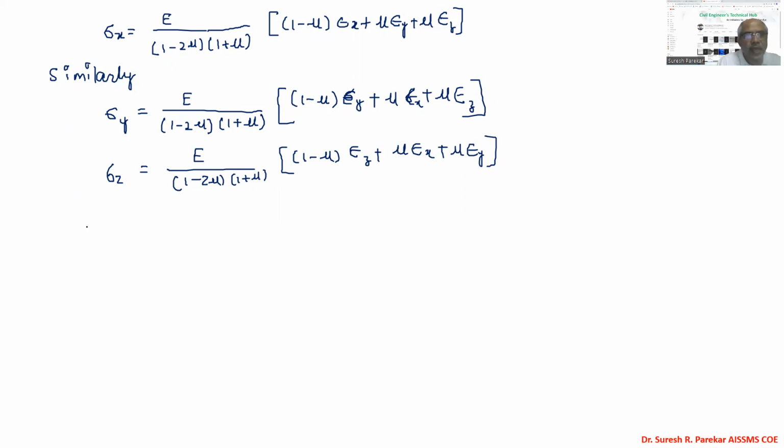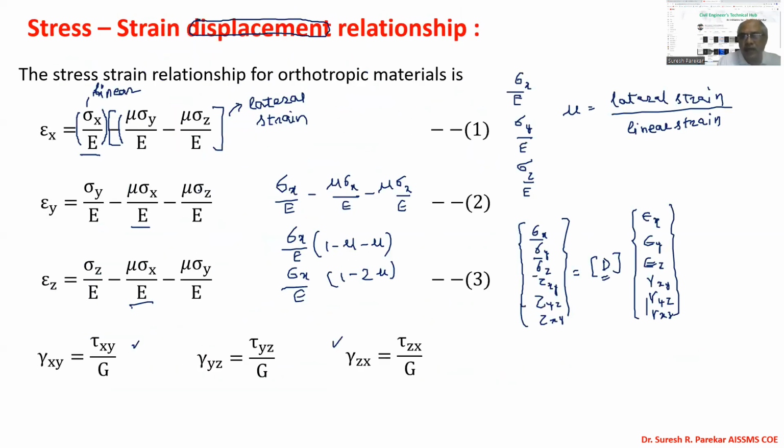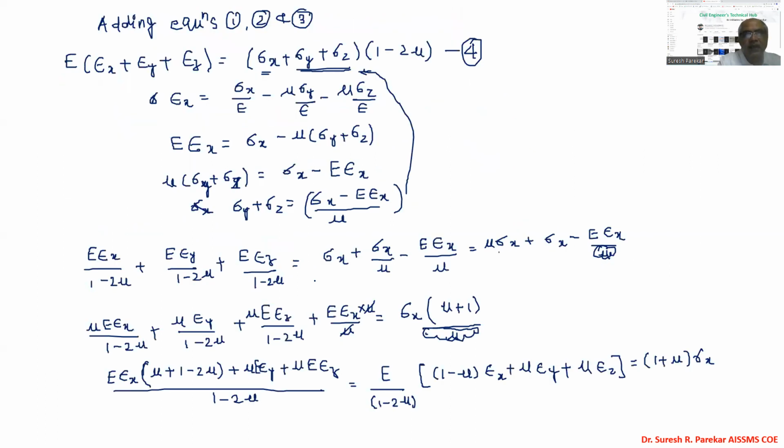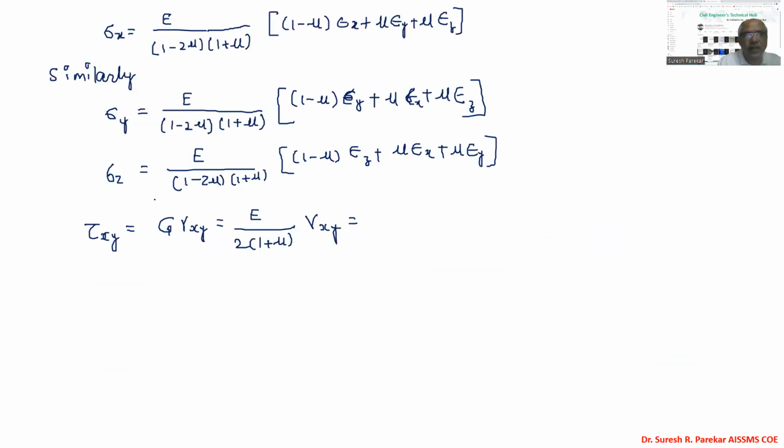For shear stress, I have tau xy equal to G into gamma xy. Now we have G equal to E upon 2 in bracket 1 plus mu, into gamma xy. But as we have to go for common, if we see here, we have tau xy and D. Now in D, we have this denominator, so we have to make the denominator in the same way.